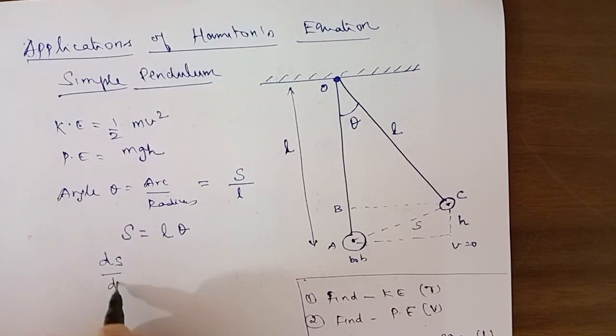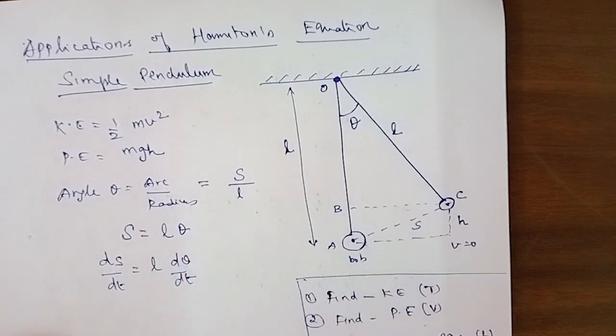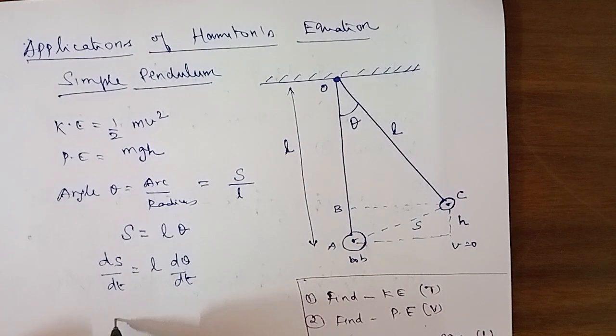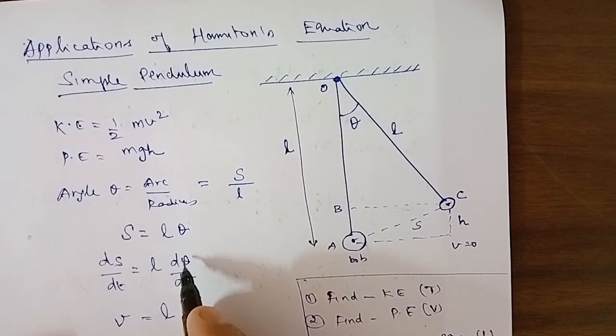So ds by dt is equal to L into d theta by dt. ds by dt is nothing but the velocity v, since distance by time is velocity. So v is equal to L into d theta by dt, represented as theta dot.